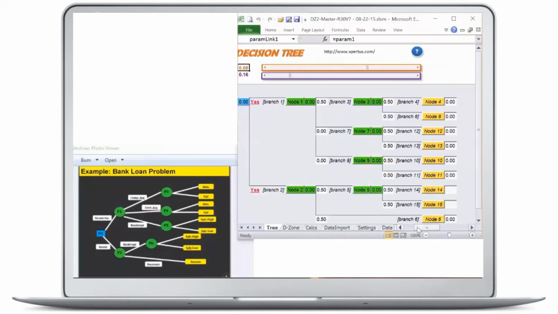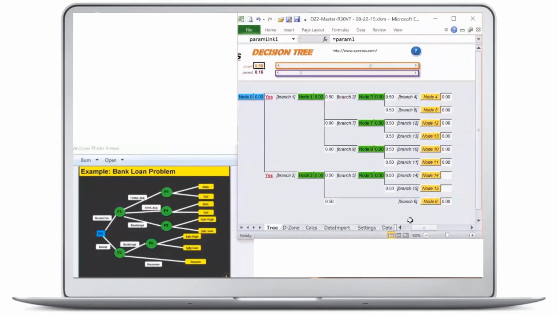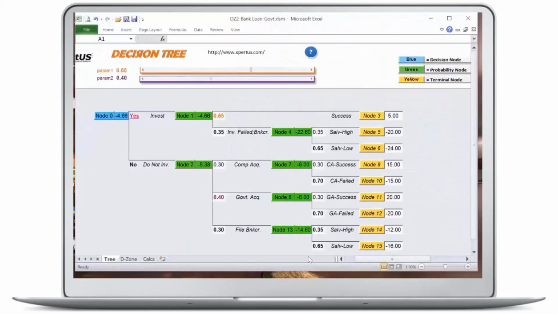So here is the diagram. In the interest of time, I've already labeled the entire tree. So let's take a look at that. So here we have the labels: invest, do not invest, investment fails, competitor has acquired. And if all else fails, we have to file for bankruptcy, similar to this scenario.